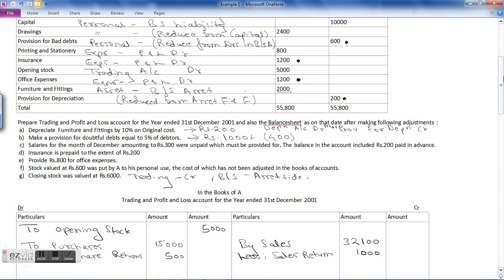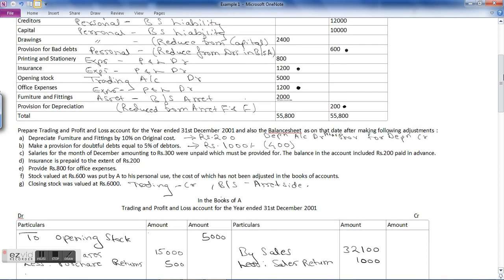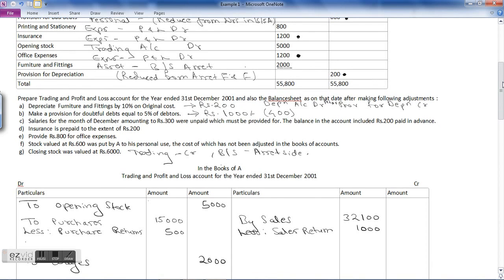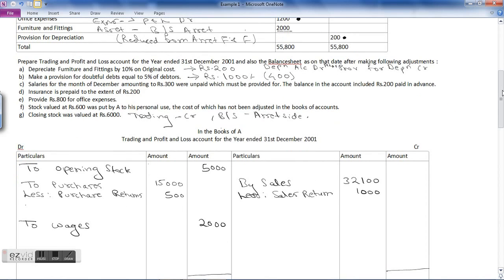What will be the entry? Depreciation account debit to provision for depreciation account. Depreciation being a nominal account, an expense account, we have to transfer it to the profit and loss account debit side. Always, an adjustment will have two effects.